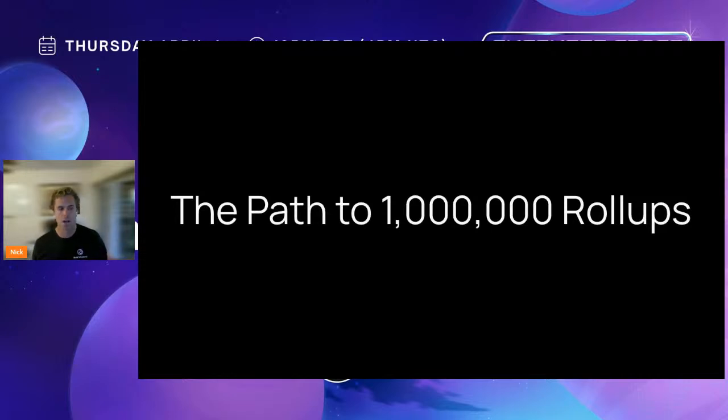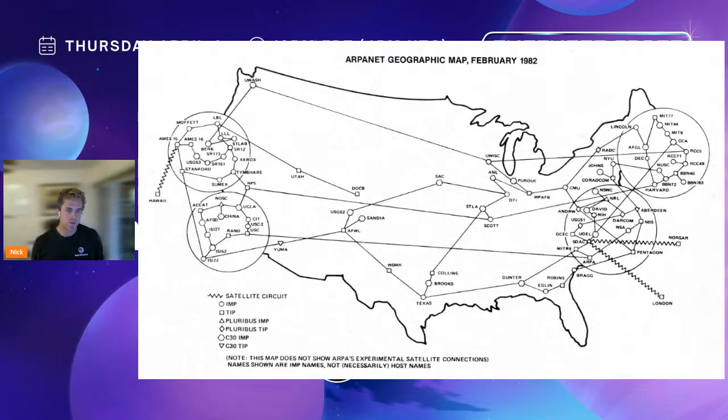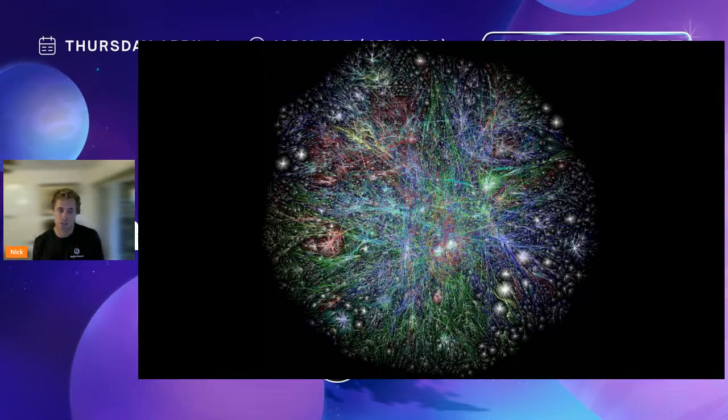Okay, so first, why would we want 1 million rollups to begin with? Well, if you go back in time and think about the early internet, it was extremely small scale compared to today. It was a few hundred servers and maybe a few thousand, or 1 million users in the early days. But that was so tiny compared to where the internet has grown to today, where there are, I think, over 200 million active websites and applications, and literally billions of users around the world.